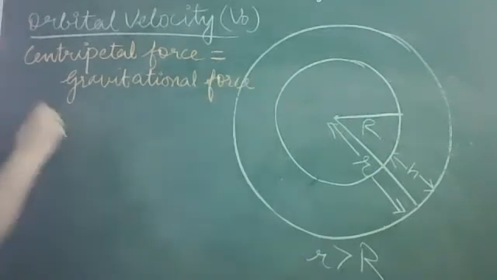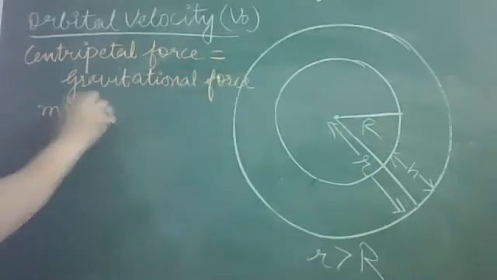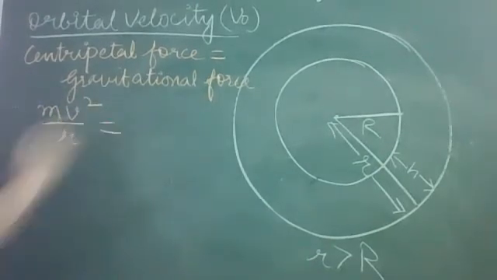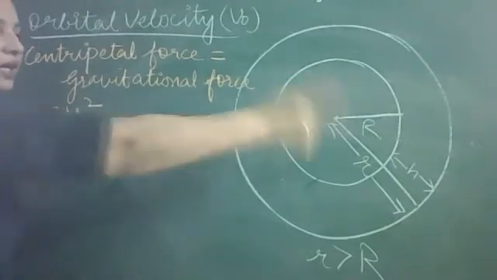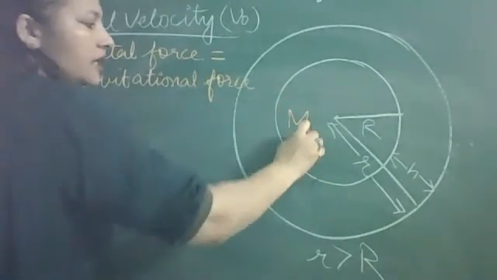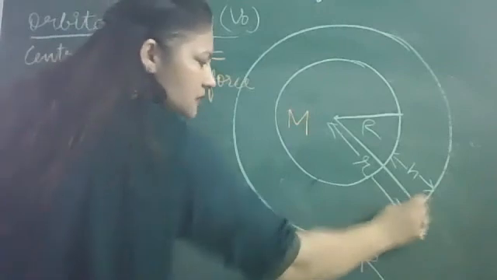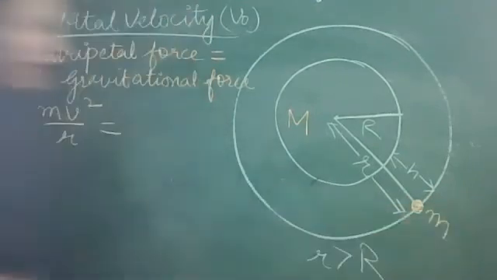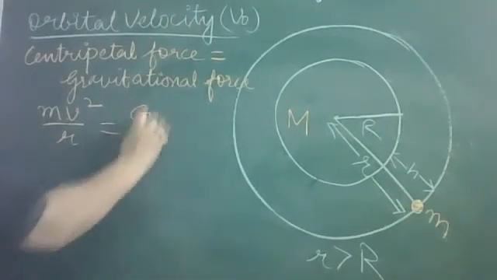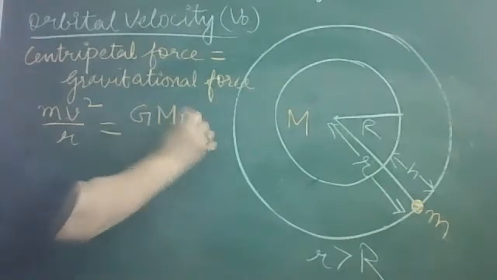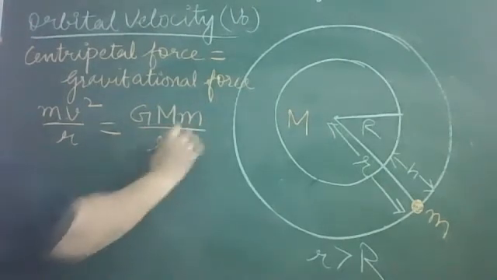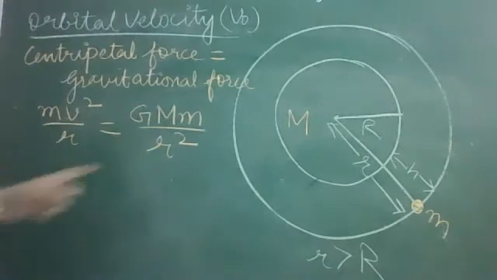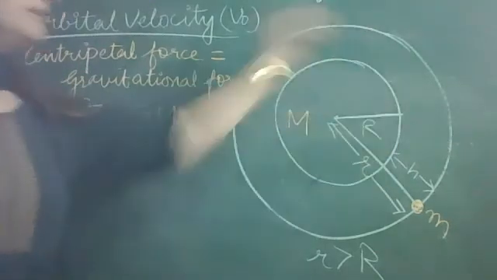Centripetal force, you know the formula, is mv square upon r, and for the gravitational force between planet and satellite, mass of planet is capital M, and suppose the mass of this satellite is small m. So we can write gravitational force as GMm by r square. Obviously, the radius of orbit of the satellite will be used here.